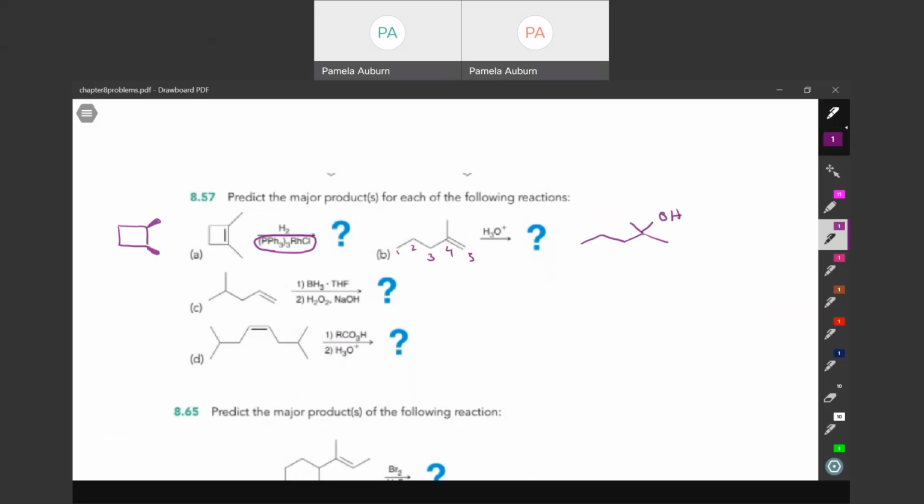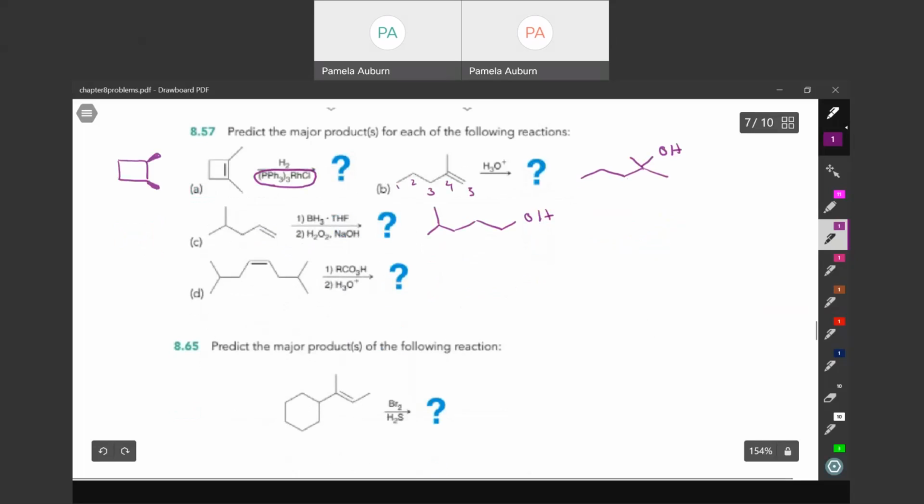This now is hydroboration, so I'm going to make a primary alcohol here. In the next case, I'm going to get anti-addition to the alkene.